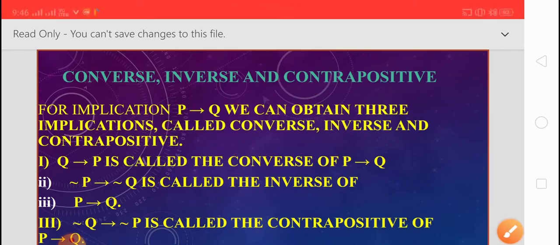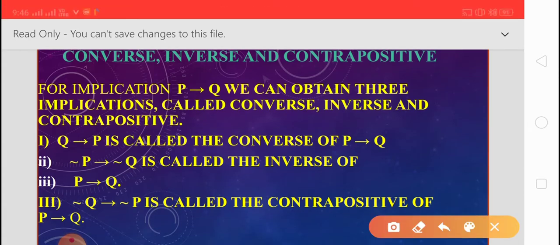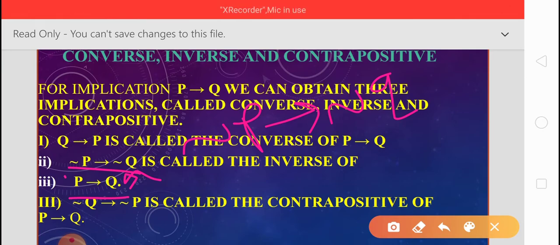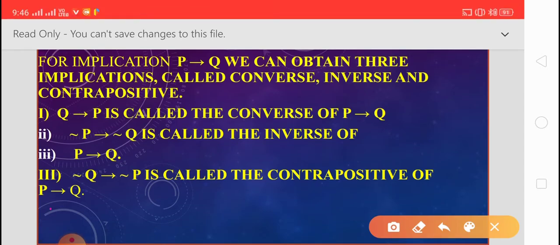Next concept, inverse of this p implies q. The inverse of p implies q is negation of p implies negation of q. Means just put negation on both simple statements. And the last concept is contrapositive.